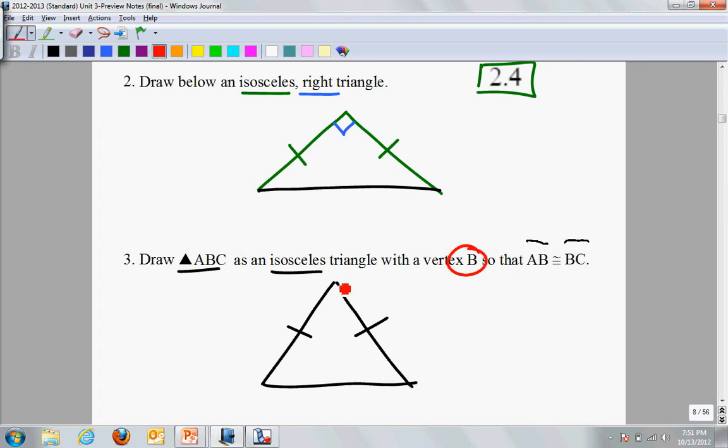B is the vertex, so B is hinged between the two equal sides. And we want AB to be congruent to BC. Now we have a diagram that reflects the description.